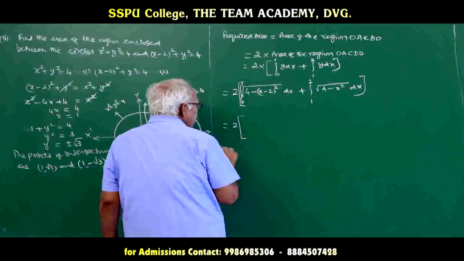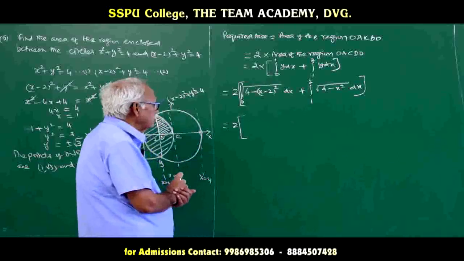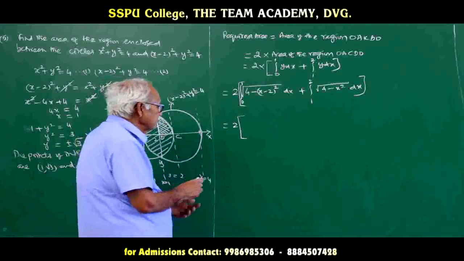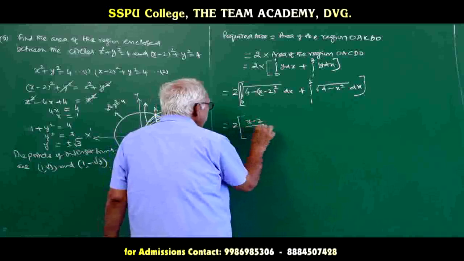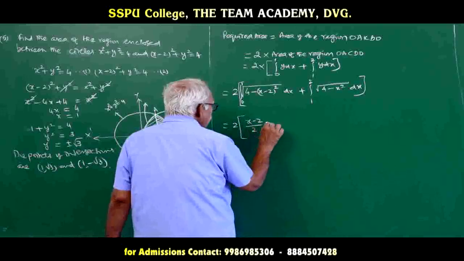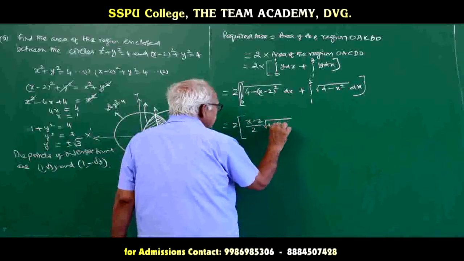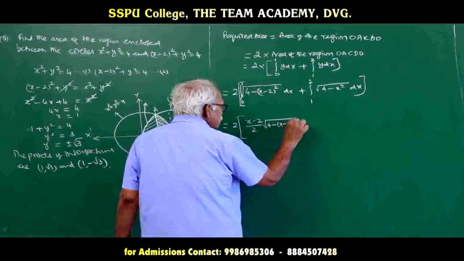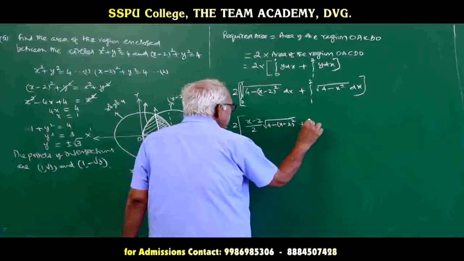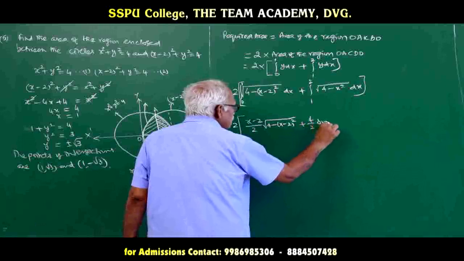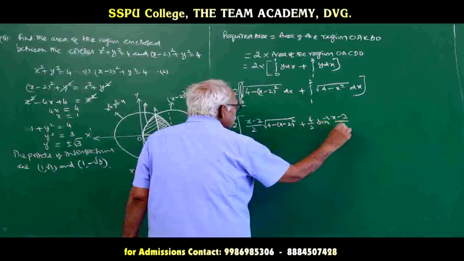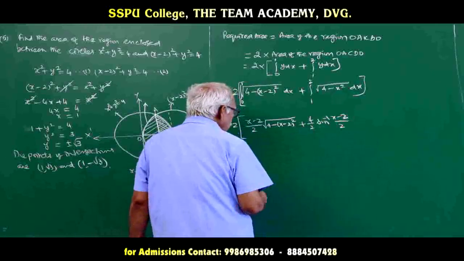Now, I will take the formula for this, that is x minus 2 by 2 into square root of 4 minus x minus 2 whole square plus a square by 2 sin inverse of x minus 2 by 2.